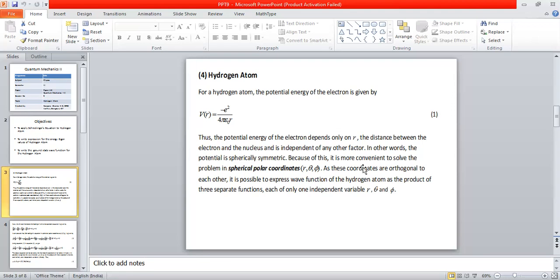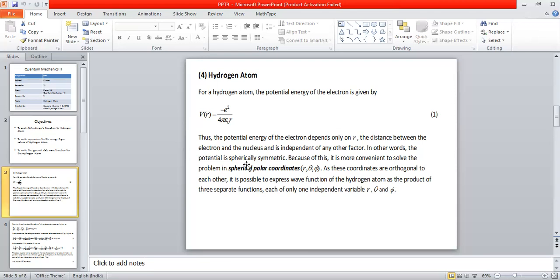Because of this dependency of the potential energy exclusively on the distance between the electron and the nucleus, the entire problem of the hydrogen atom can be solved using Schrodinger's equation, not in terms of Cartesian coordinates x, y, z, but in terms of another set of coordinates. We call them spherical polar coordinates.